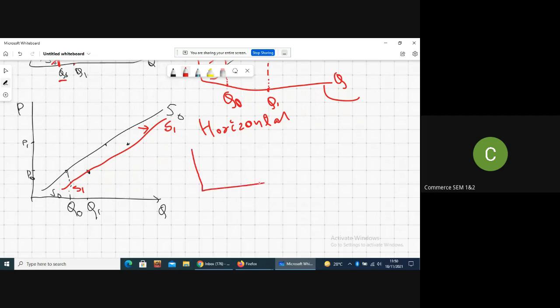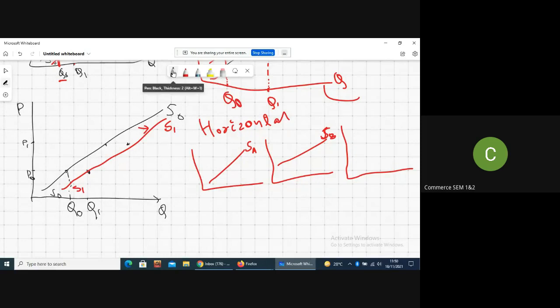Say this is the supply curve of seller A, and say this is the supply curve of seller B. This is S. Now we want to derive the market supply curve.